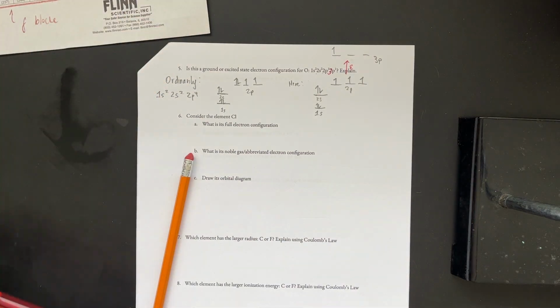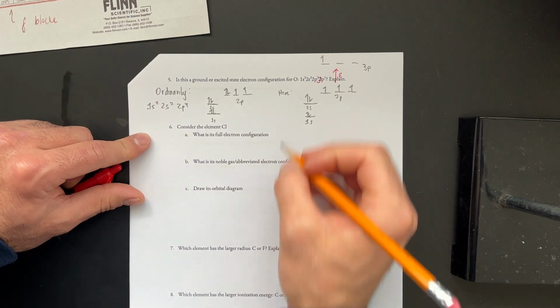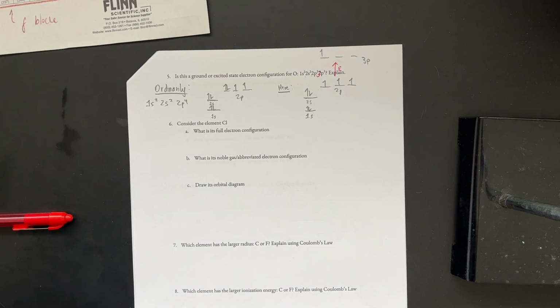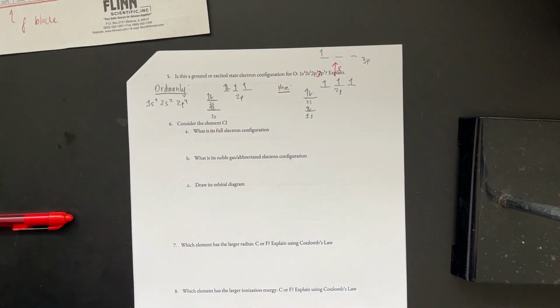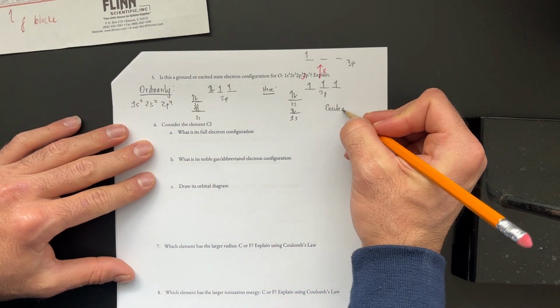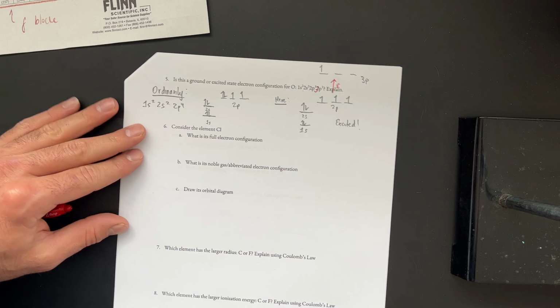And so what we're saying here is that this must be in an excited state, because this electron is at a higher energy level than we otherwise would expect. It's at the 3p, and so this must be excited, since that electron is in the 3p orbital. Cool, okay.